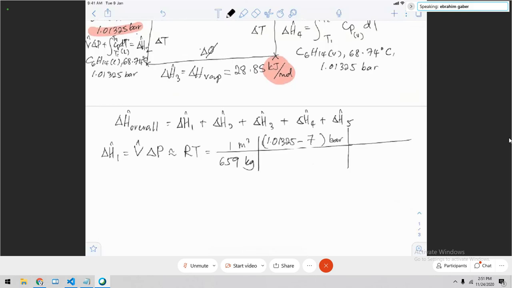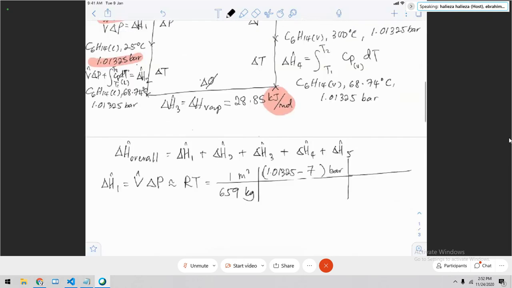M cube times bar is almost 10 to the power 5 Newton times meter. I could cancel out the m cube and bar, and convert this into mole using the molecular weight of hexane.